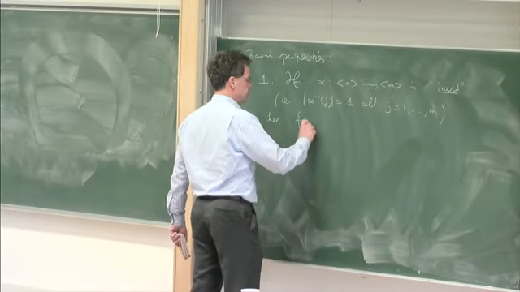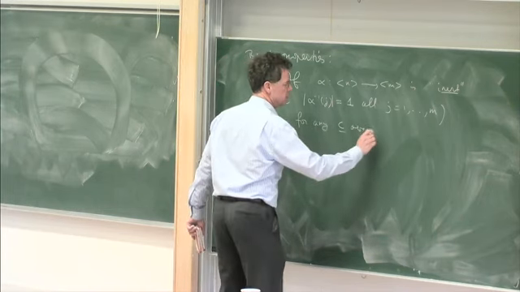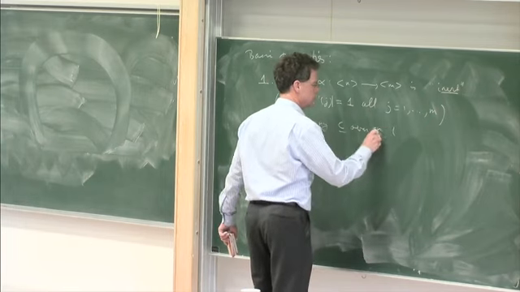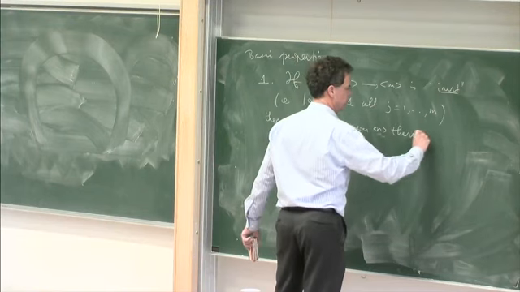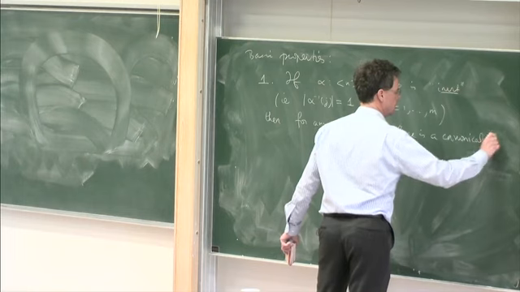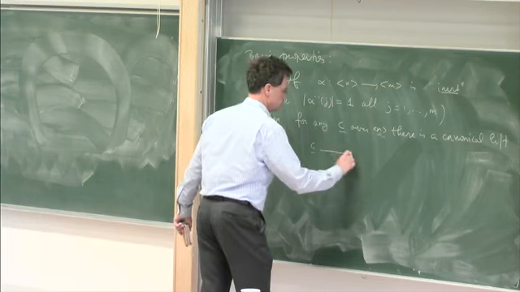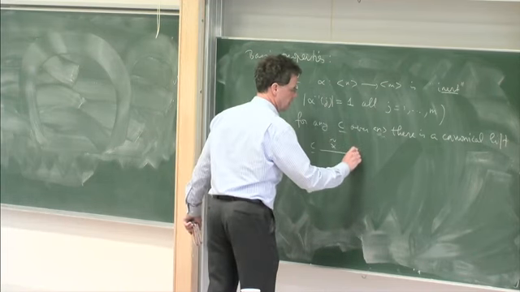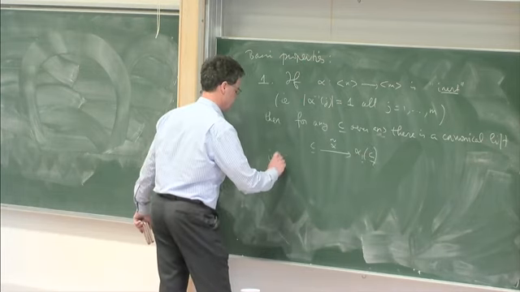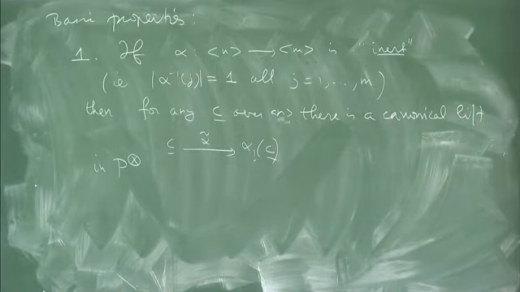Then for any C over N, there is a canonical lift, which I will denote alpha shriek C, in P tensor. And this arrow has a special property.